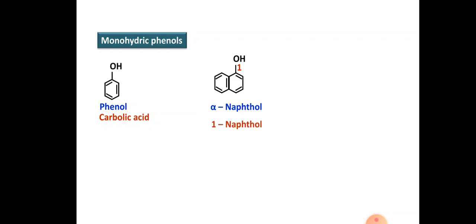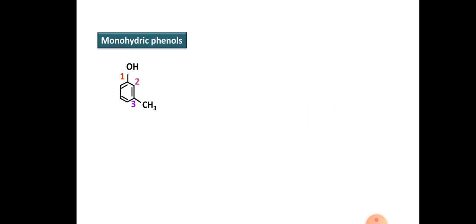It is also called 1-naphthol. Now here the hydroxyl group with one substituent, numbers 1 and 2, and the name of this compound is o-cresol, or ortho-cresol, because they are at the 1-2 position. Therefore o-cresol, or 2-methyl phenol.